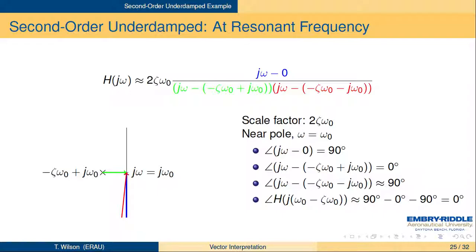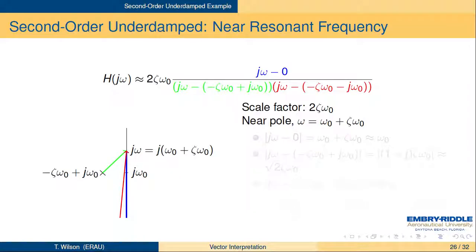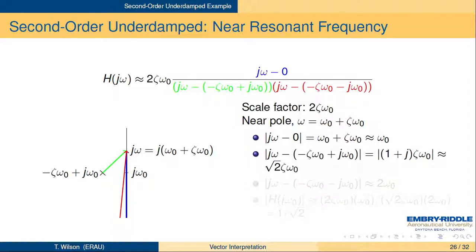Now, as we increase to the other side and go to omega naught plus zeta omega naught, what's going to change? The only thing that's going to change in a big way is the length of the vector from the pole with positive imaginary part. So the length of the vector from the 0 is still about omega naught. The length of the vector from the pole with positive imaginary part is back to being root 2 zeta omega naught.